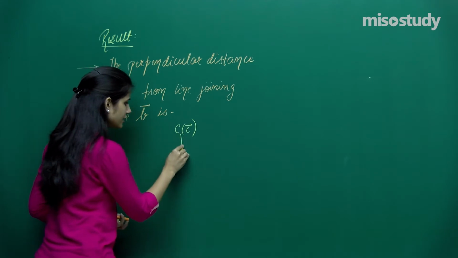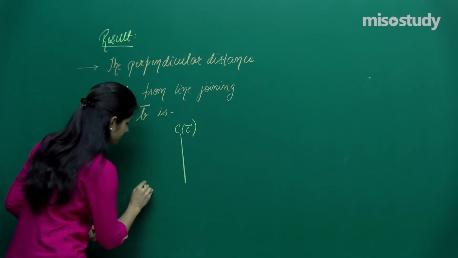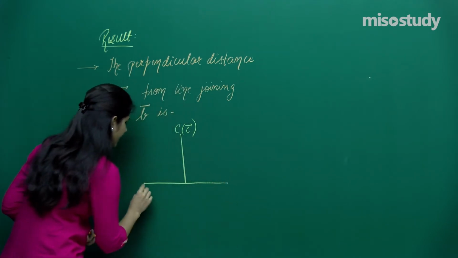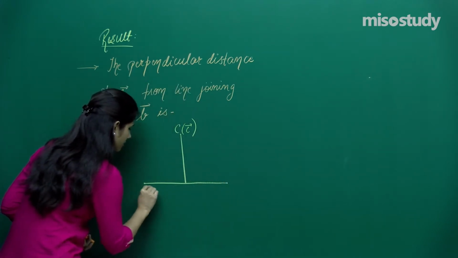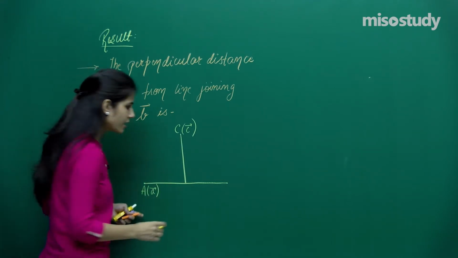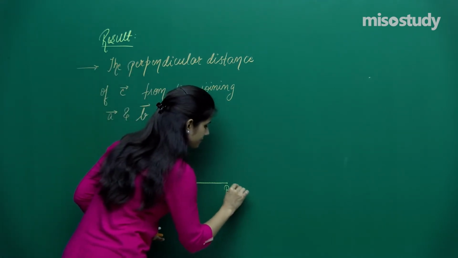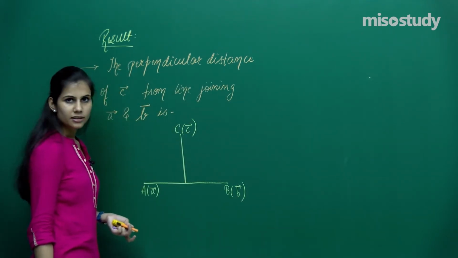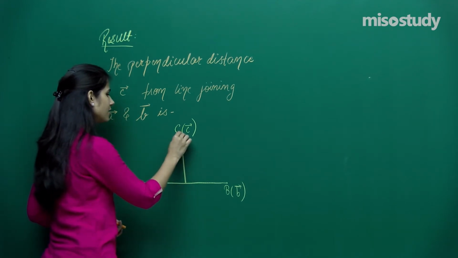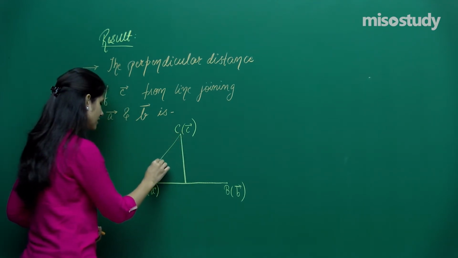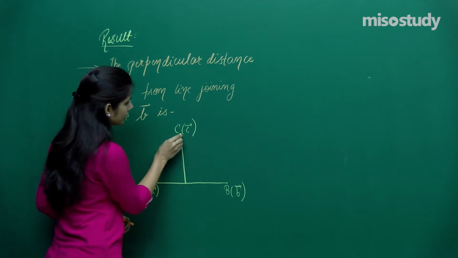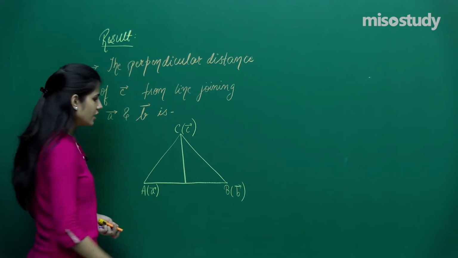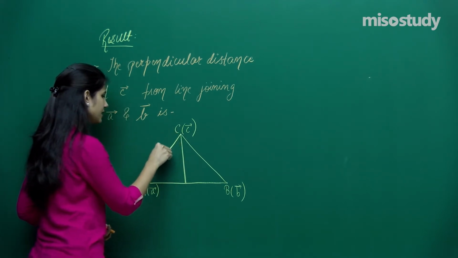Its perpendicular distance I need to find from the line joining say a vector, which is nothing but the position vector of point A, and b vector, which is the position vector of point B. Now obviously one thing which is intuitively pointing towards this is to form a triangle ABC.